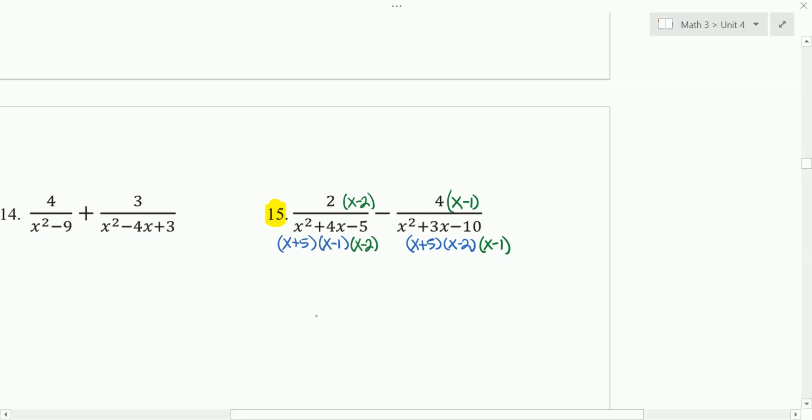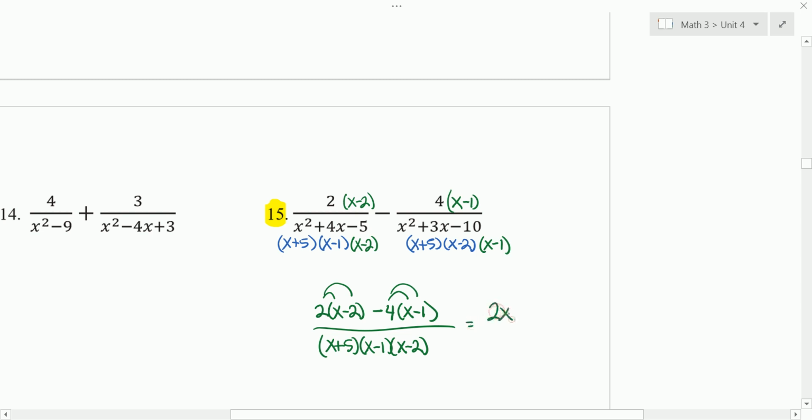So we get 2 times x minus 2 minus 4 times x minus 1 all over this common denominator of x plus 5 times x minus 1 times x minus 2. Distribute the numerator.